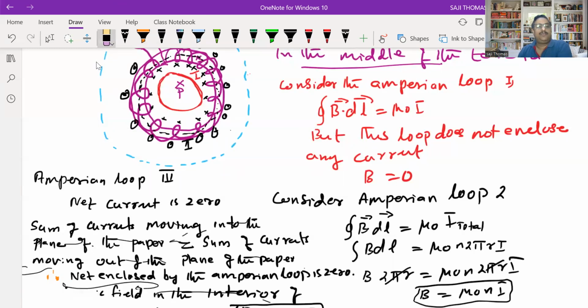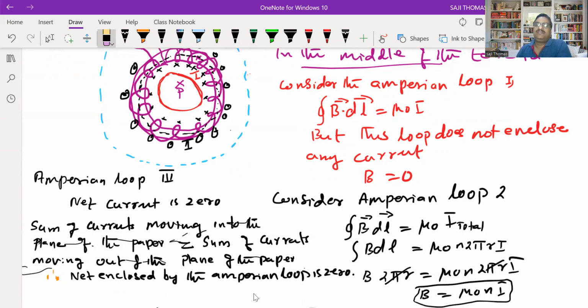So at the exterior point also the magnetic field is 0. So for a toroid, the magnetic field in the open space, in the exterior of the toroid, outside the toroid, is 0.